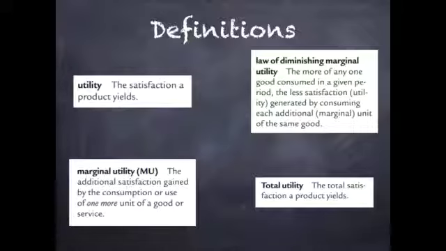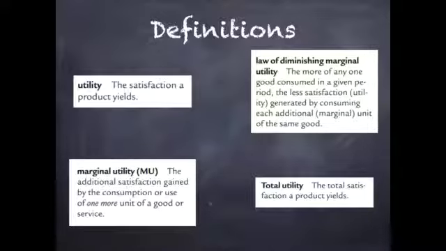All right. Marginal utility, on the other hand, as it says here, is the additional satisfaction gained by the consumption or use of one more unit. So, for example, if I had consumed 5 slices of pizza, let's say I was very hungry, total utility is the utility that I get from consuming 5 slices of pizza.